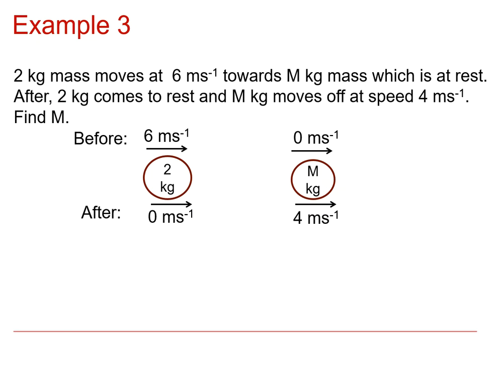Now this final example is a little bit different from the previous one. So we've got now a 2 kilogram mass and an unknown mass of m kilograms. And this unknown mass here is at rest initially.